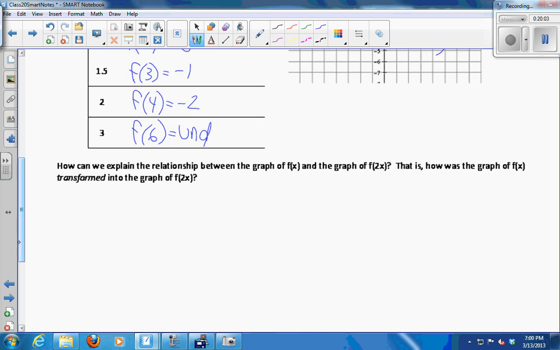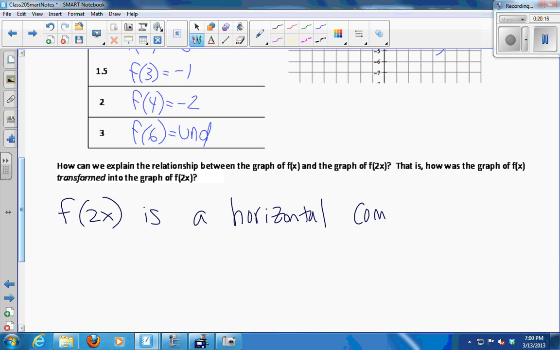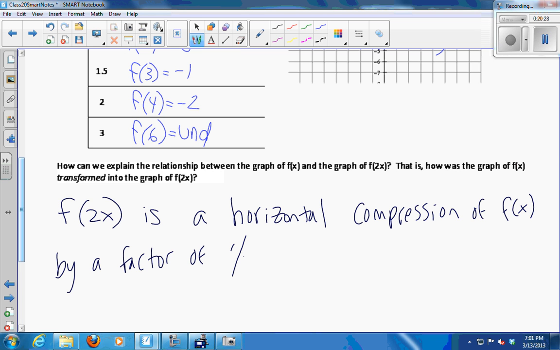So f of 2x is a horizontal compression of f of x by a factor of 1/2.